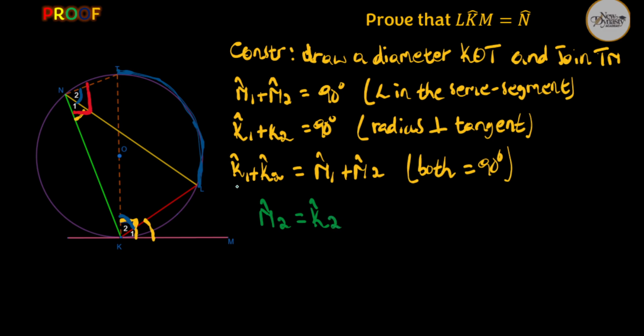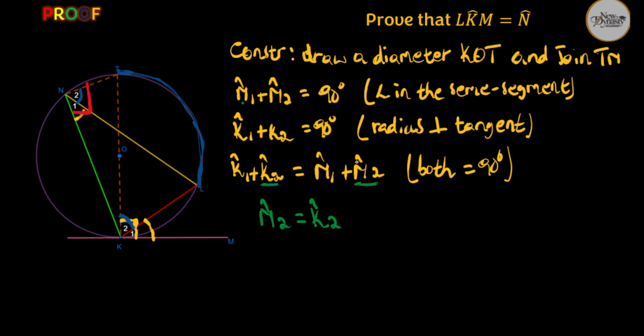But don't forget that we've got the left hand side and the right hand side that are equal to each other. So if angle N2 equals angle K2, and the sum of N1 plus N2 and K1 plus K2 equals 90 degrees, then I'm going to give you this as an example. I know this is not part of proving this theorem, but I want you to understand this.